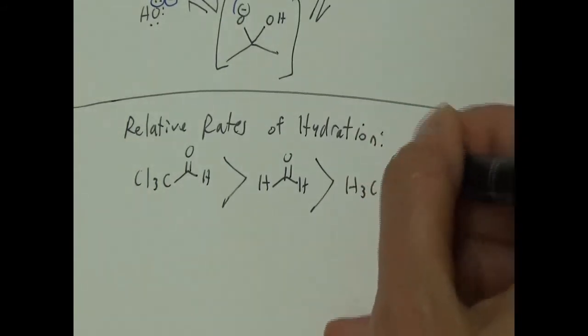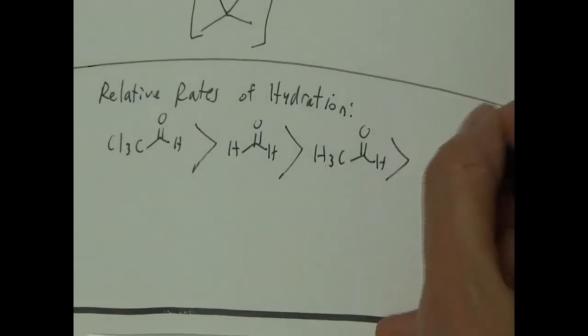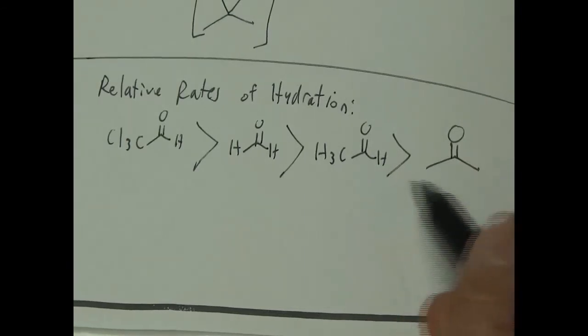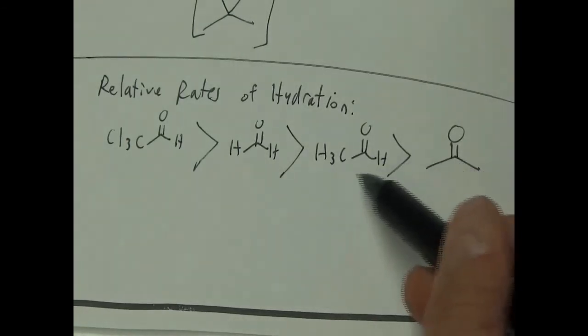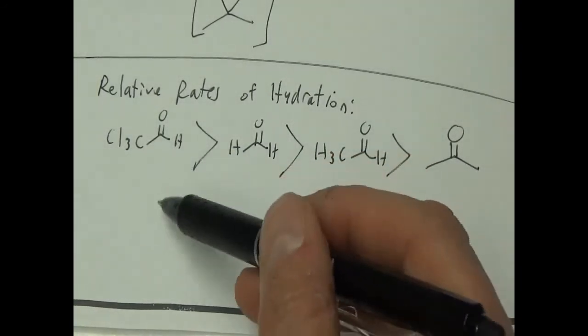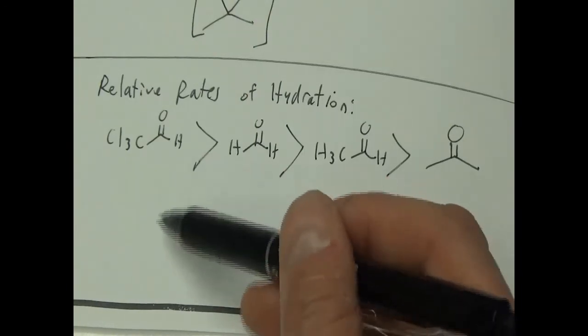Then we have acetaldehyde, and then acetone, where we've already talked about the steric hindrance with ketones, versus a normal aldehyde, versus formaldehyde. This stuff is off the charts in terms of being very favored for hydration.